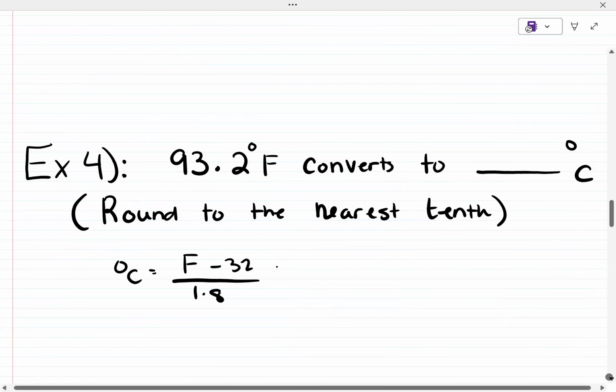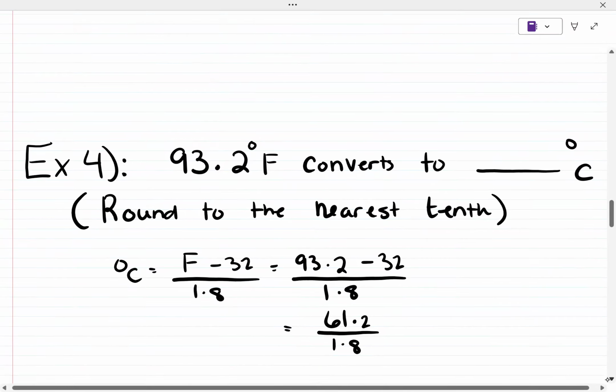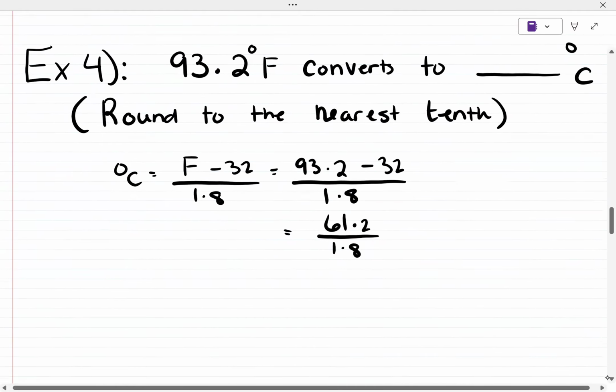My Fahrenheit is 93.2 minus 32 all over 1.8. And 93.2 minus 32 is 61.2 all over 1.8. And you get 34 degrees.